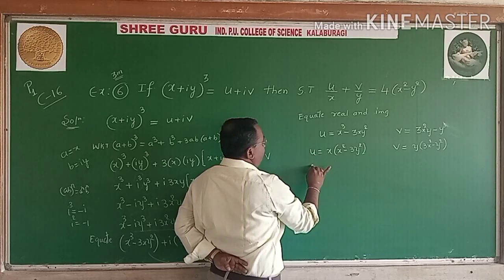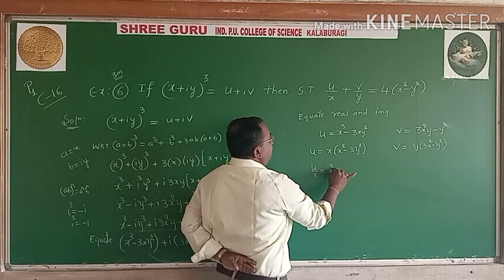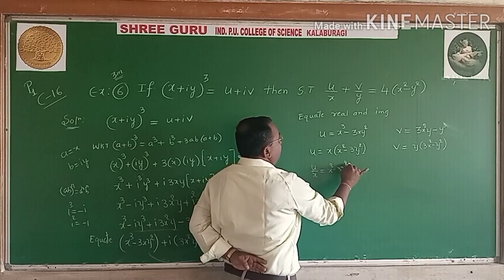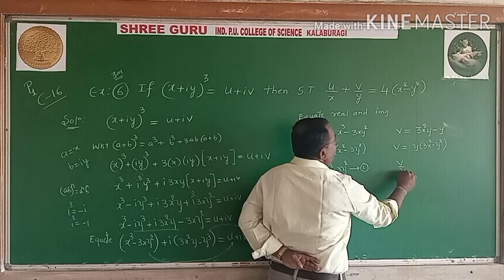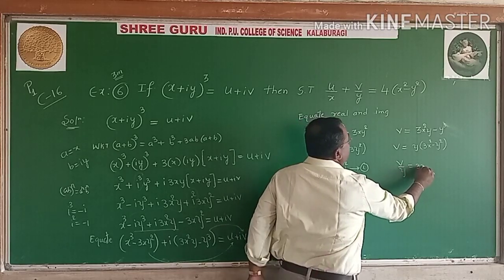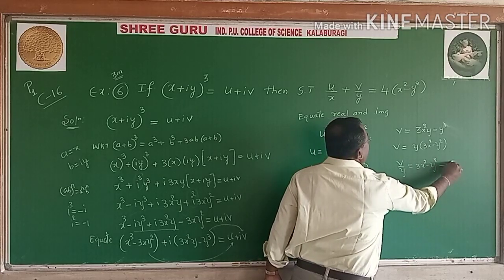Taking x down, u/x is equal to x^2 - 3y^2. v/y is equal to 3x^2 - y^2. This is equation number 2.